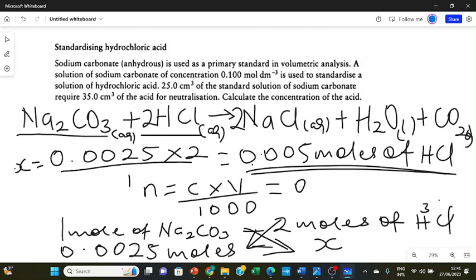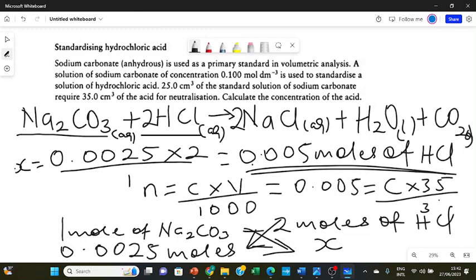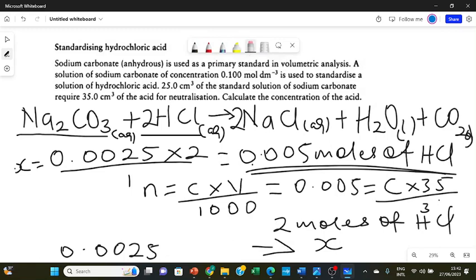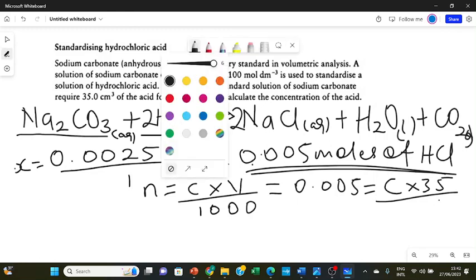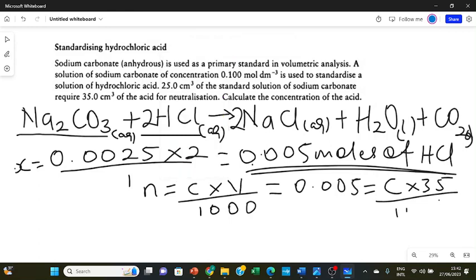So the number of moles is 0.005, is equal to the concentration, that's what we're looking for, multiplied by the volume of the acid, which is 35, over what? Divided by 1000. So you cross multiply.